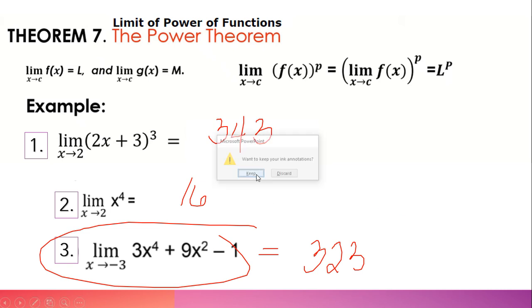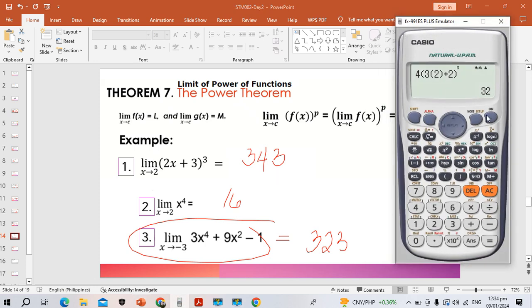Double check natin. So, ito po yung checking natin. Try natin sa una. 2, tapos open, 2, close, plus 3, close, then meron tayong exponent sa labas na 3. It's 343, correct, for number 1. Then, 2 raised to 4 is, syempre, 16 yan.